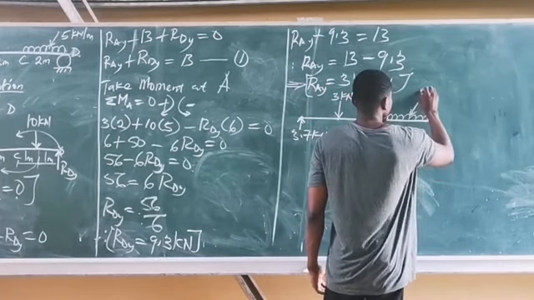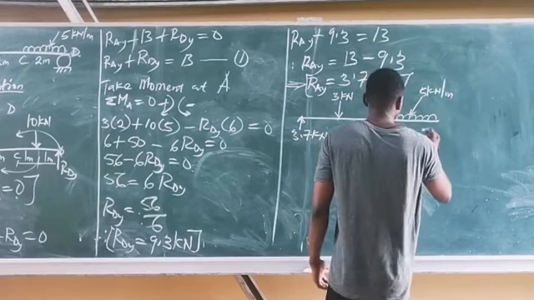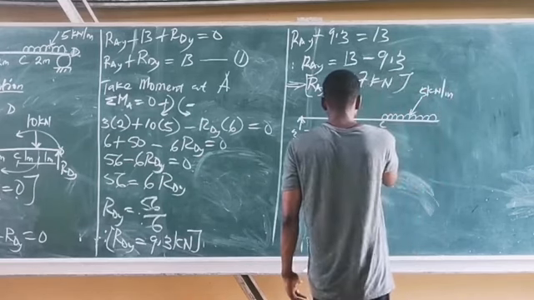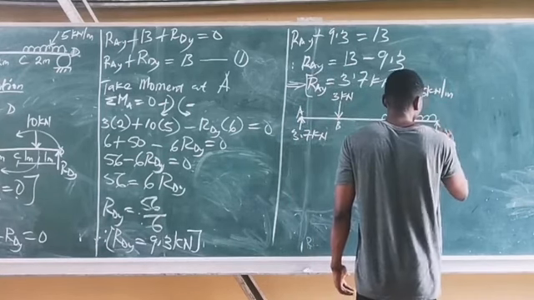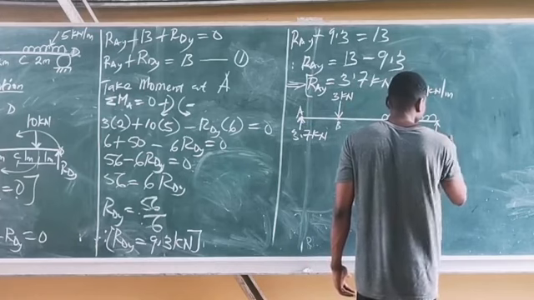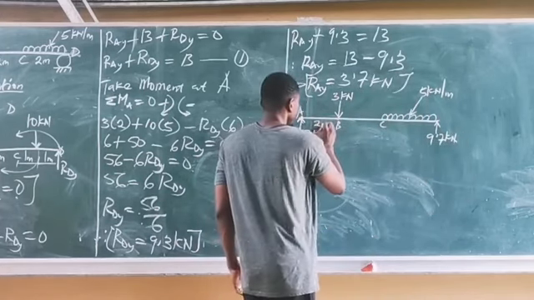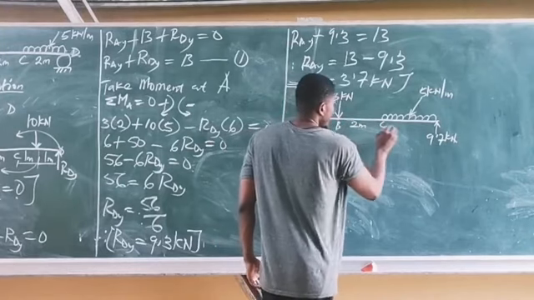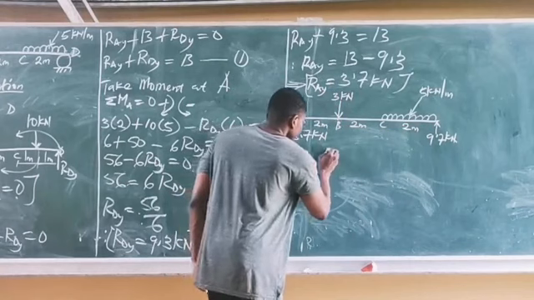The intensity of the UDL is 5 kilonewtons per meter. Okay, this is C, B, A, D. At D, we have an upward force of 9.7 kilonewtons. Each of them 2 meters apart. So we start our shear force analysis.